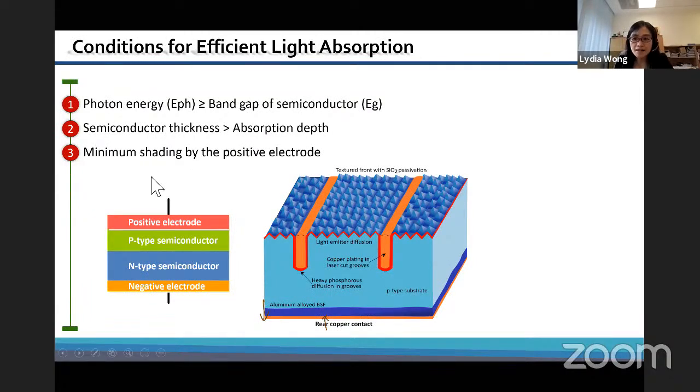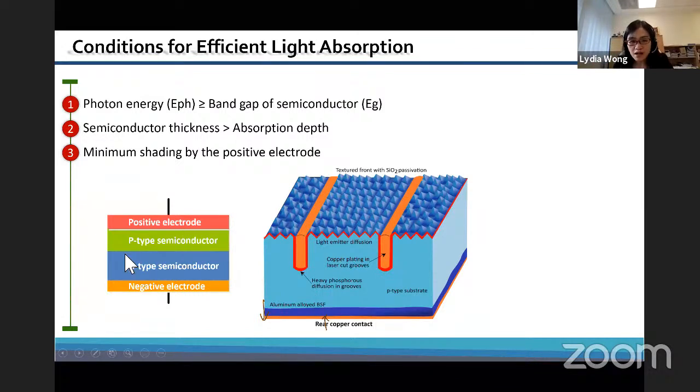Okay. And the last criterion is minimum shading by the positive electrode. What do I mean by this? The top electrode is made of metals, right? And metals are usually shiny and absorb a lot of light, but because it absorbs too much, this light will not go through to the semiconductors.